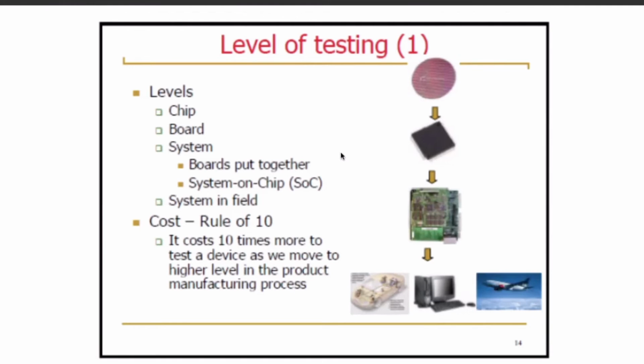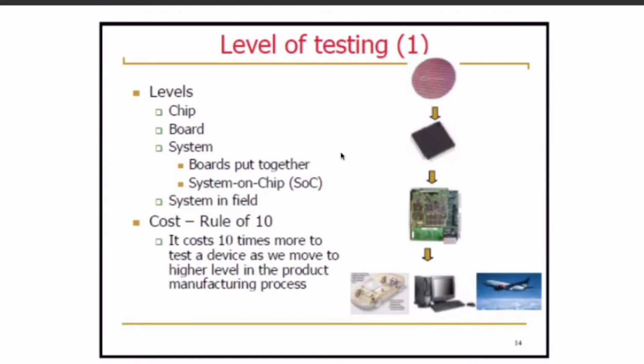So it is better to do all types of verification, and we can wisely develop tests in the chip phase so that we do not need that much testing at board level, so that we can optimize the cost of testing. Are you getting my point?